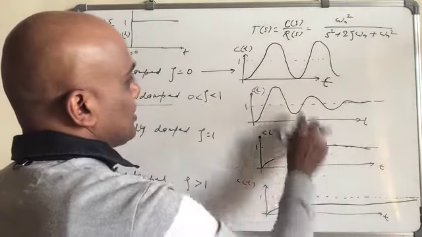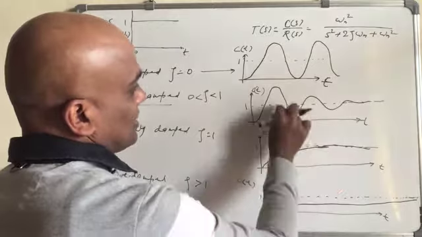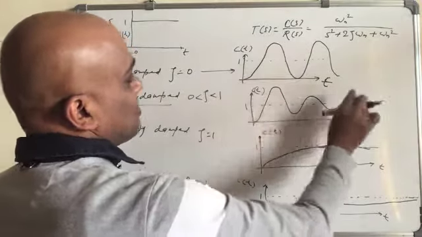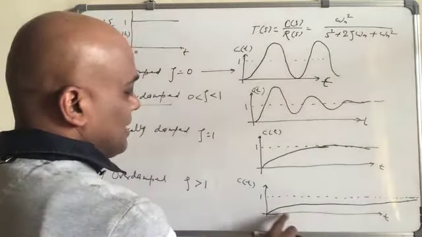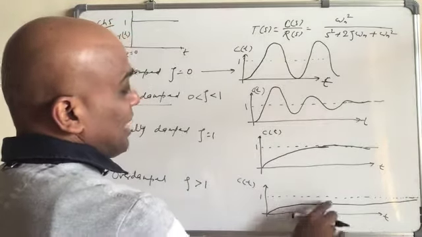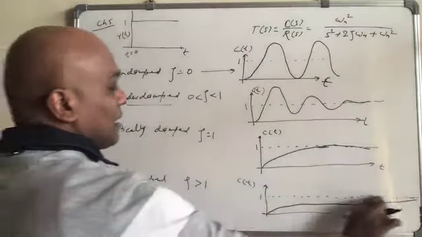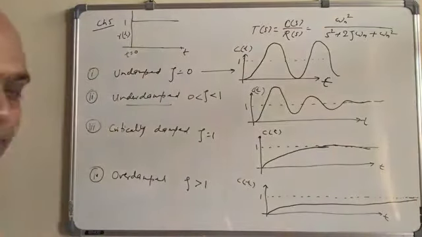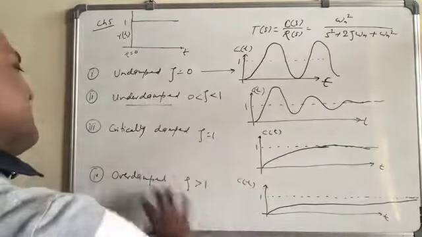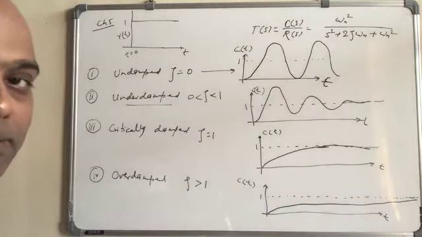Depending on the value of zeta, if zeta equal to 1, it will go here, zeta equal to 0 becomes here, in between it will be like that one. And here also zeta equal to 1, it will be like this one. The more zeta it has, the more time it requires to reach the reference value. So you know this already from the vibration class basically.